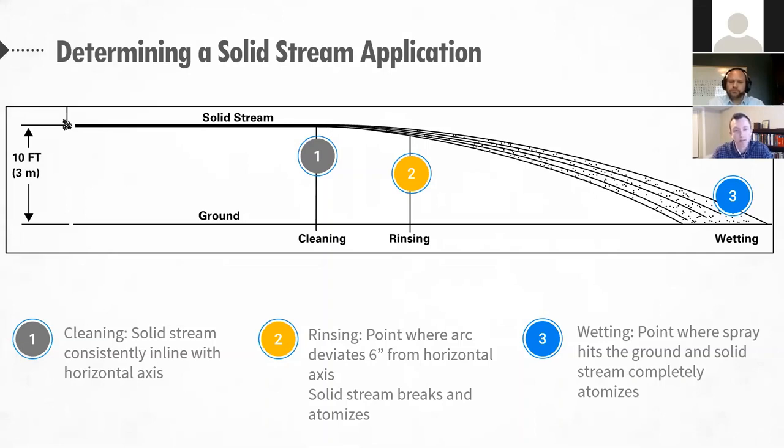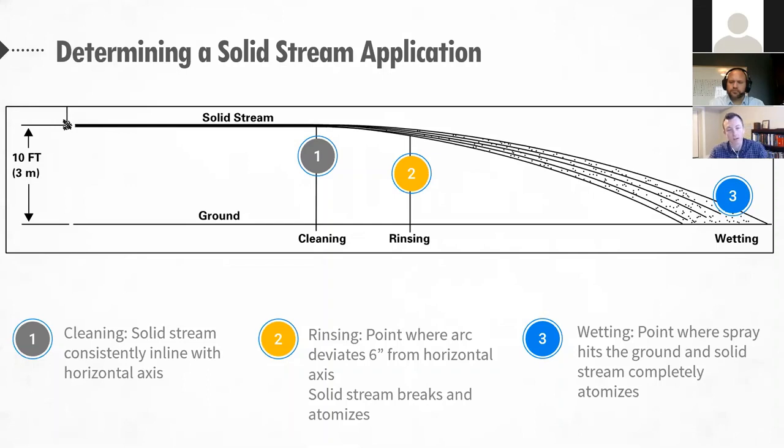And once that happens, you have less mass hitting each area, and the velocity will inherently start to slow down and be directed more downwards as gravity takes effect. So if you really wanted the highest impact, you'd want to be as close as possible to the nozzle for a high velocity and a smaller spray pattern. And then as you move away, the spray is going to slow down and spread out, so you're going to have less of an impact.